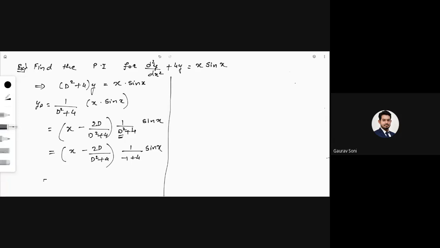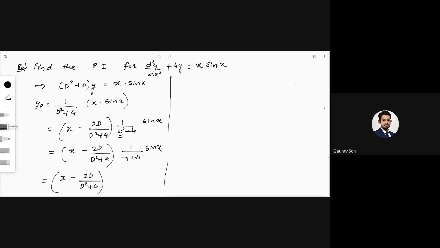So this will be x minus 2d upon d square plus 4. Am I audible?